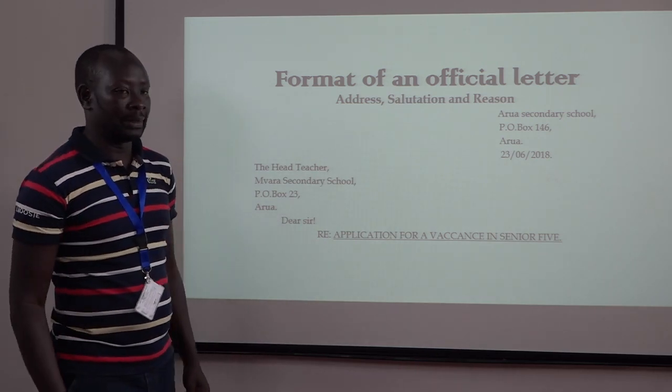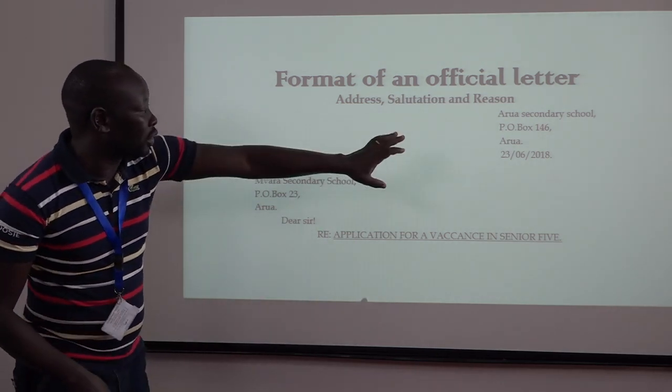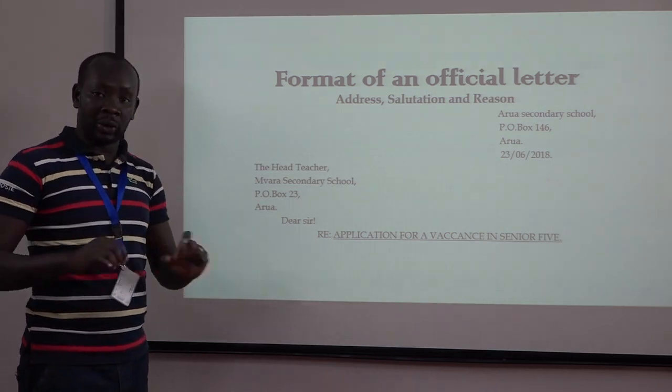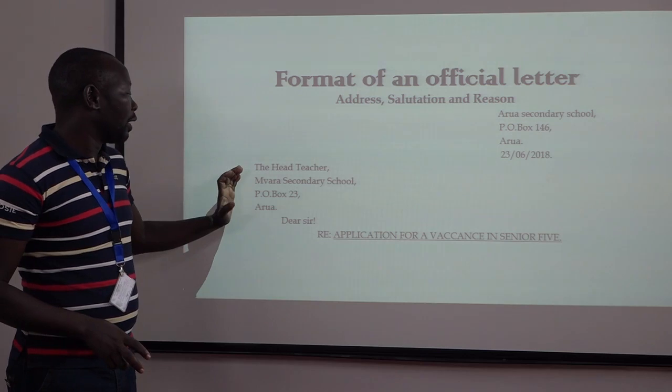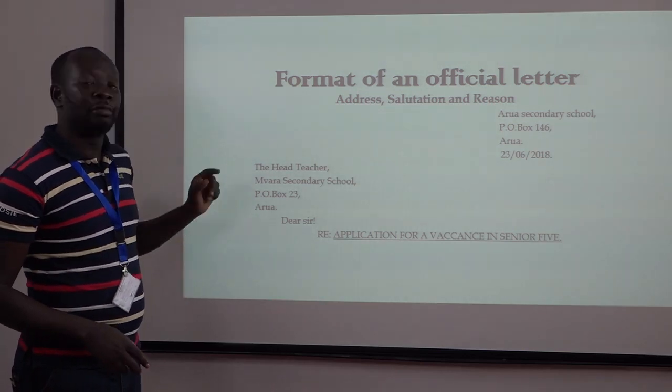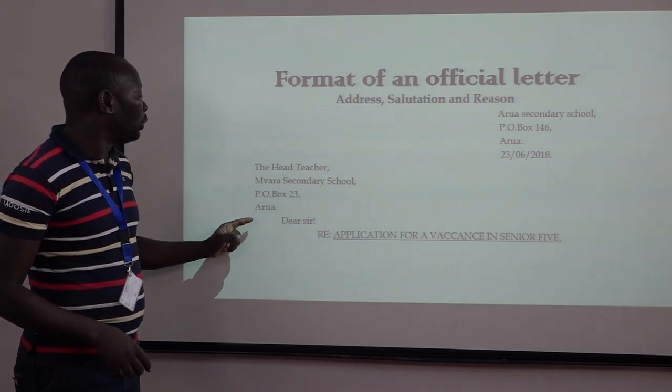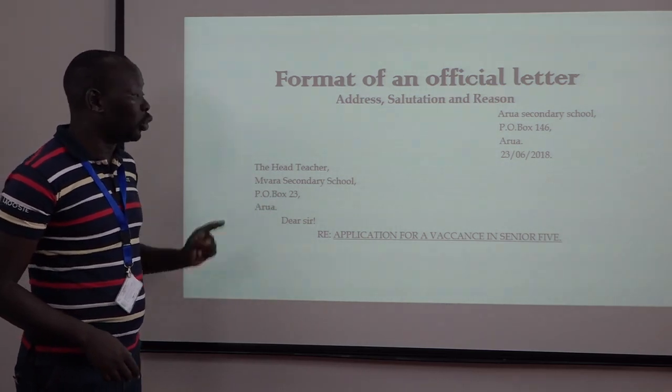This should not be missed. After finishing writing that, you now write the address of the person to whom you are writing this letter. Here, for example, I've given an example: the Head Teacher, Mvara Secondary School, P.O. Box 23, Arua.